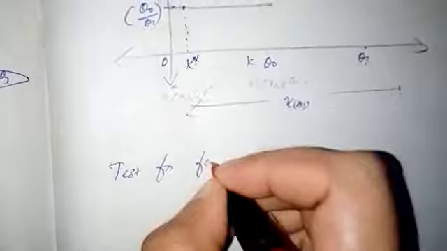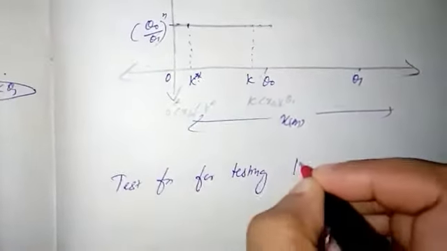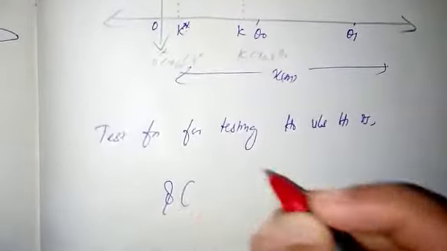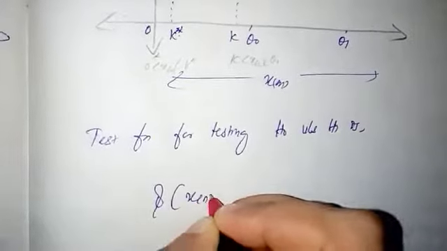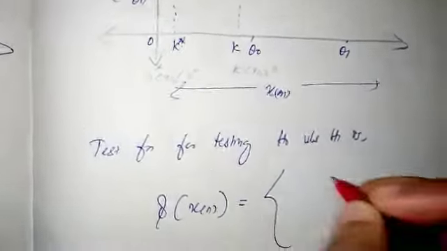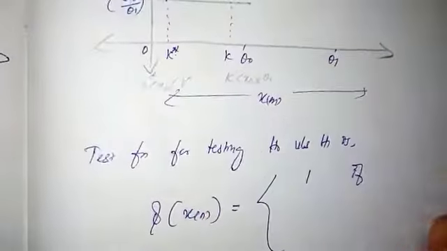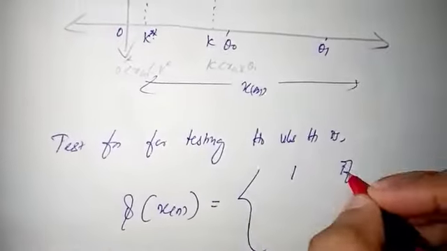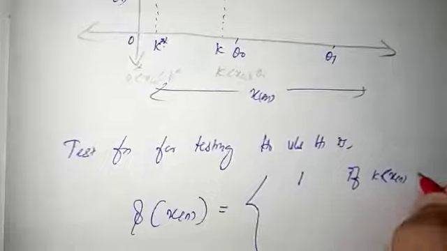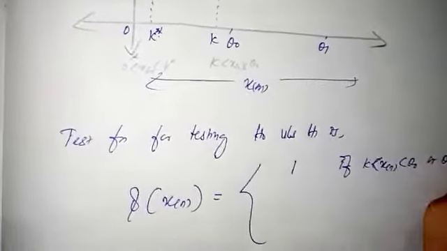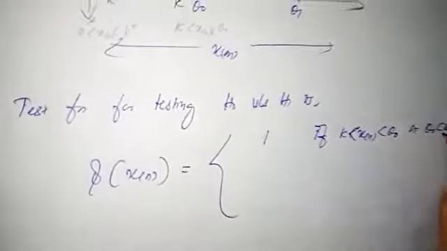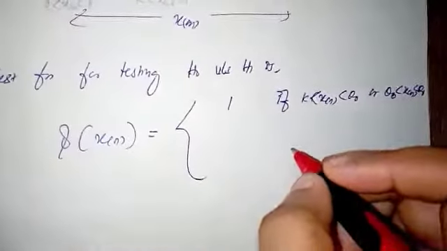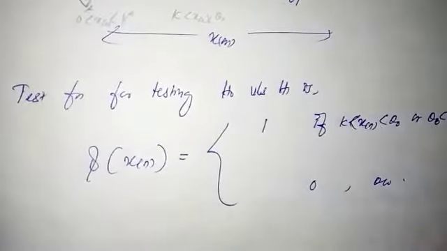Then we will write the test function for testing H0 versus H1 as phi of xn, equal to 1 if, here we first consider this case, that is, if k less than xn less than theta naught or theta naught less than xn less than theta 1, and 0 otherwise.